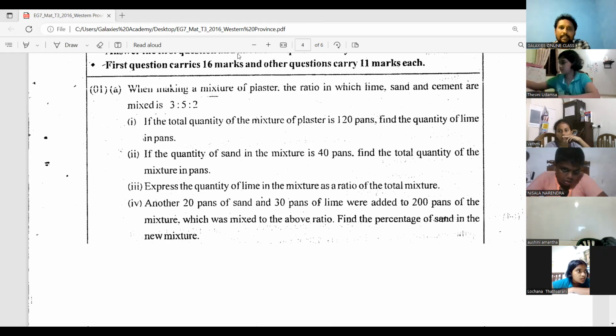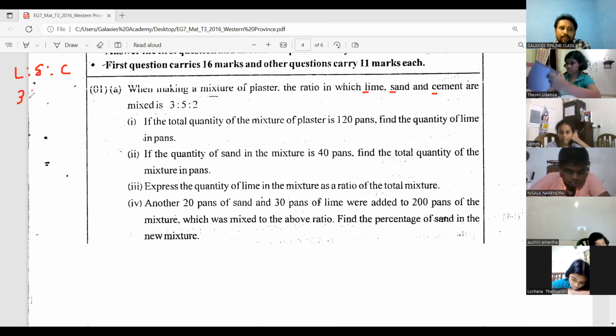I will write here the first letters of the given items: lime, sand, cement. Lime to sand to cement. The ratio is 3 to 5 to 2.